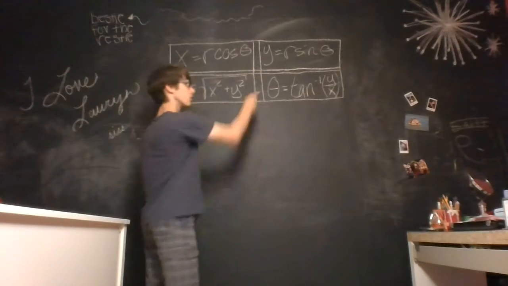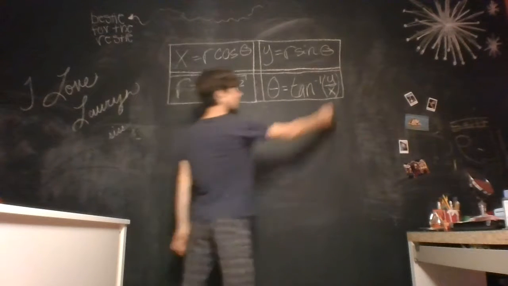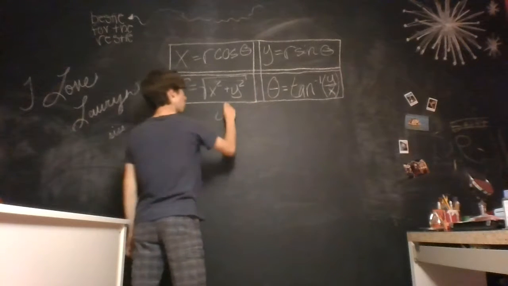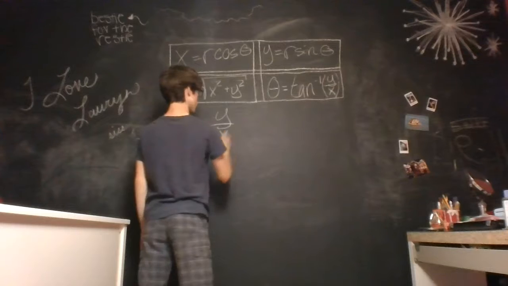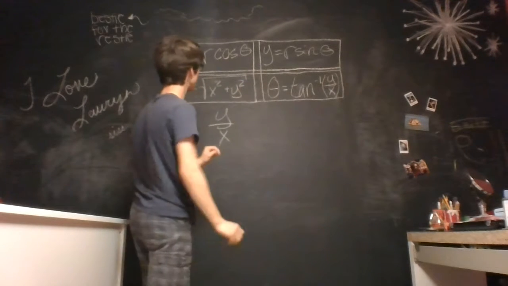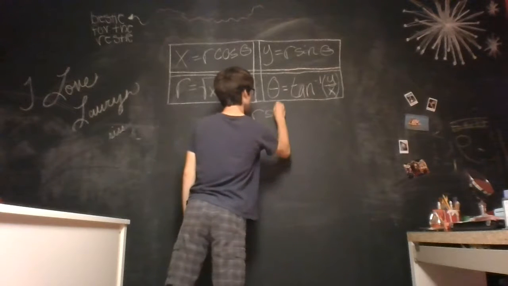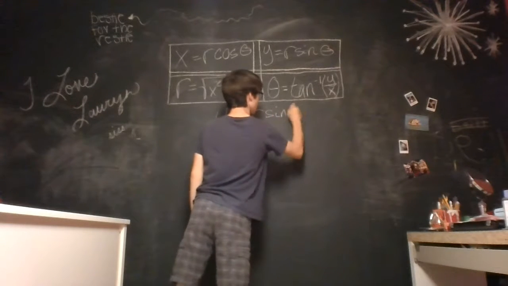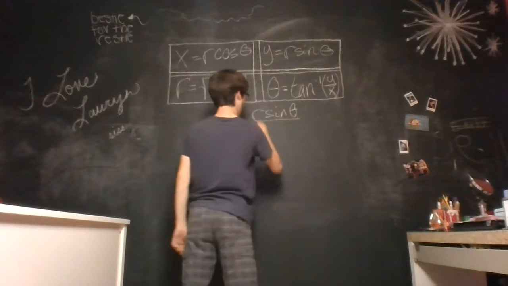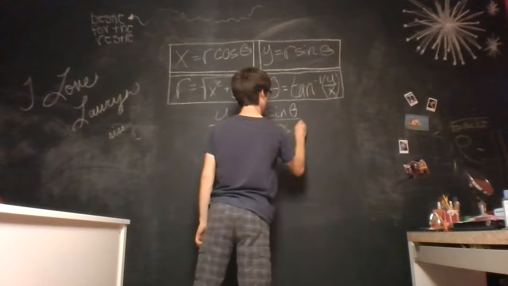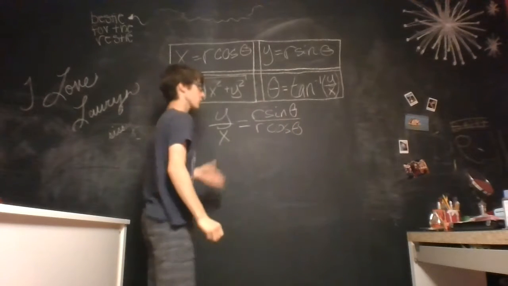Okay, so for this equation, you're going to begin with y over x, which, using these two equations, we can sub in r sine theta and r cosine theta for y and x respectively.